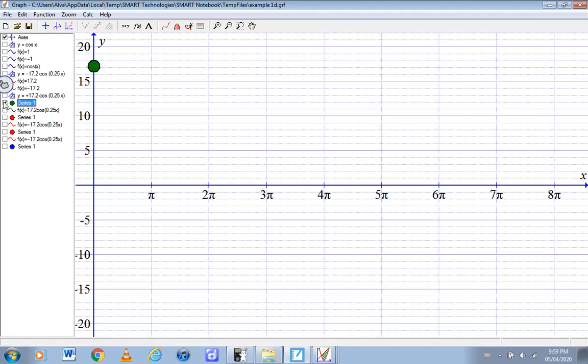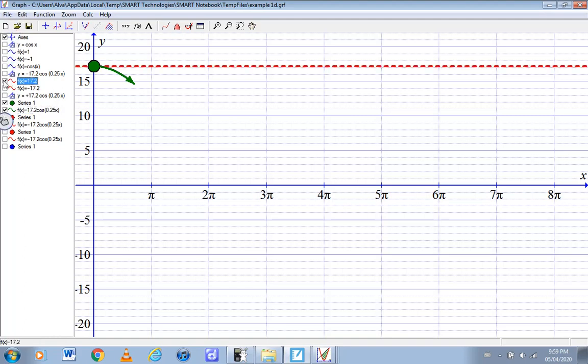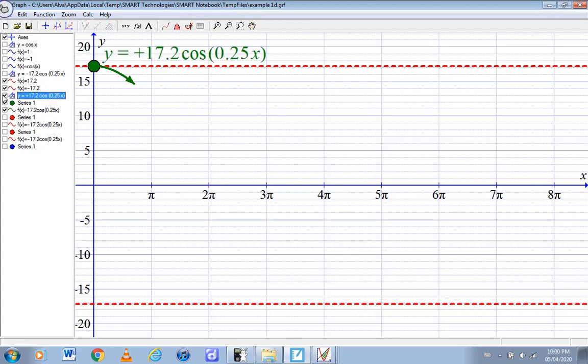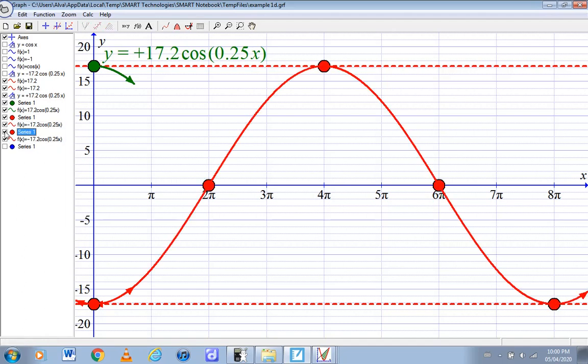By the way, a cosine graph would start up here at 17.2 and go down, but since there's a negative in front of the function, it has to start at the bottom going up. So this is what the graph looks like. Period is 8 pi, amplitude is 17.2. Should make sense to you.